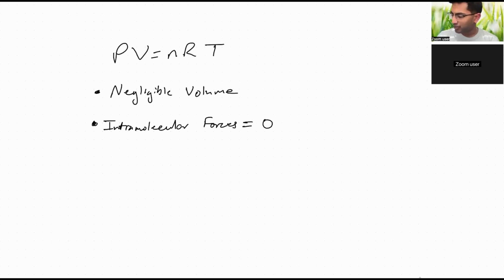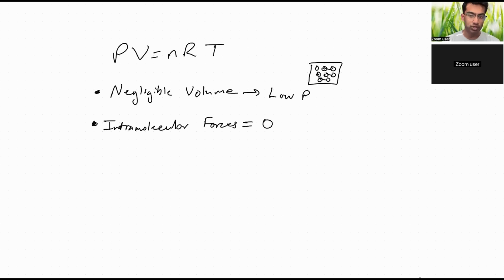You can imagine we've cramped up all the molecules in this really, really tight space, so high pressure. And so now these molecules are actually getting in the way of each other. That is where we have a non-ideality, right? So for negligible volume we want low pressure. At low pressure, negligible volume is a valid assumption, right?